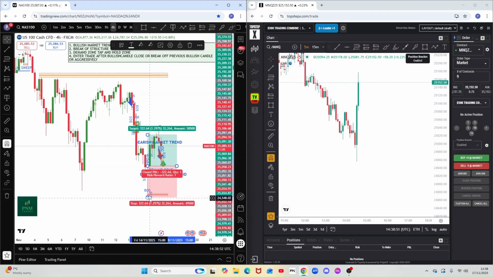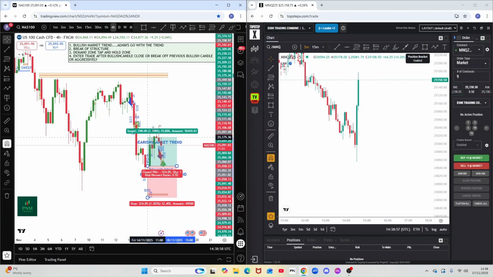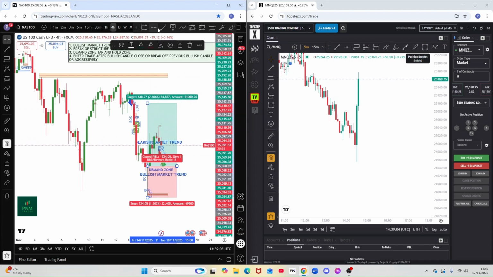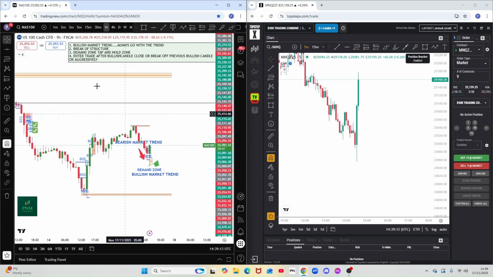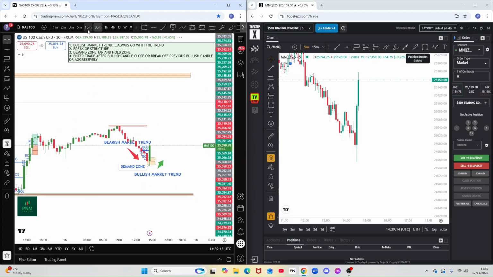I didn't enter in the 4 hour, but I was just cautious, aware. So that was our 1-to-1. So if price keeps going up, we might get to 1-to-2, which is right there. So let me just put it so I have a mental map of a target if it goes that way. Let's see what it does.